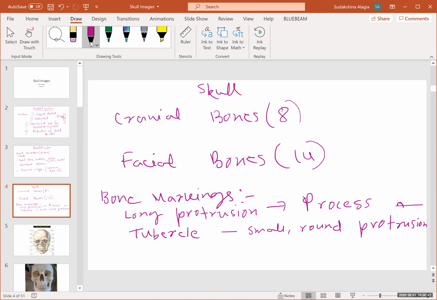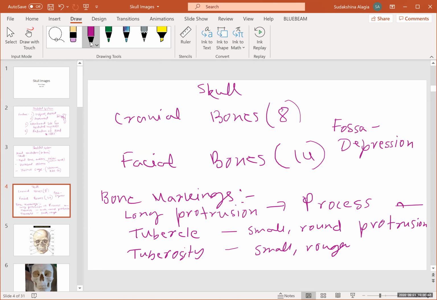If that small, round protrusion is rough, you call it a tuberosity. May be round, may not be round, but it's small, not like a process. A fossa is a depression. A foramen is an opening.